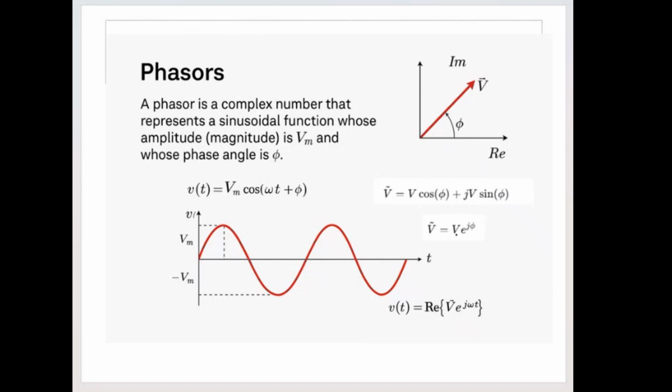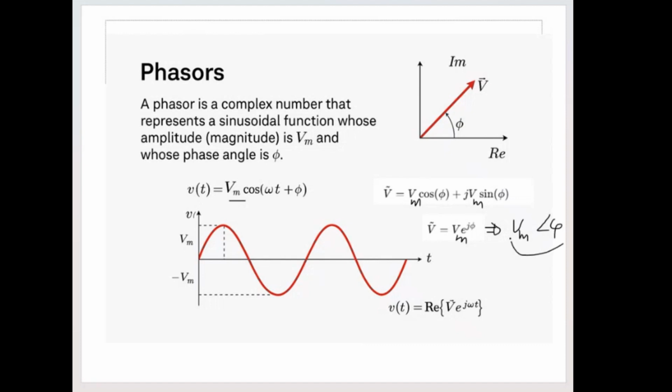I can write this V_m to be consistent with this V_m here. Essentially, this phasor in the complex format, we can also write down as just V_m and the angle of phi.